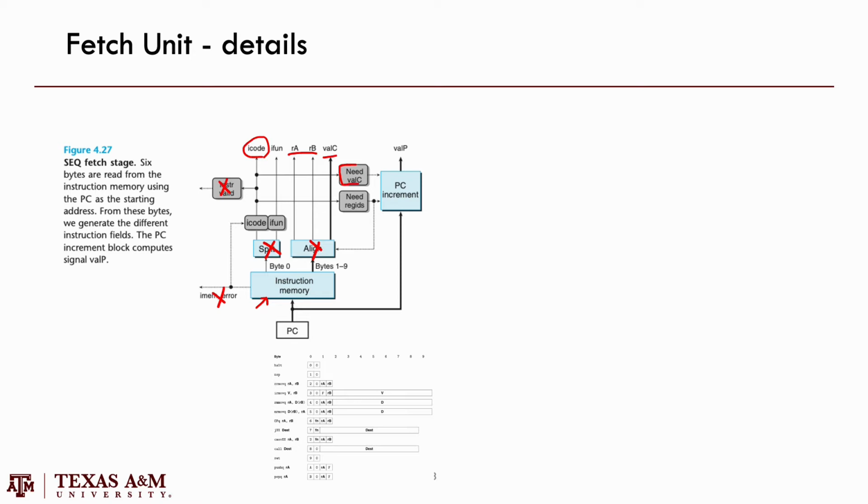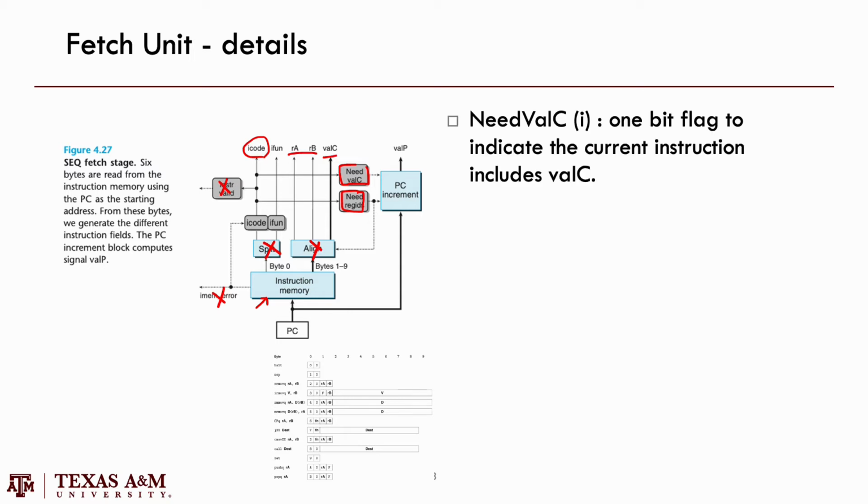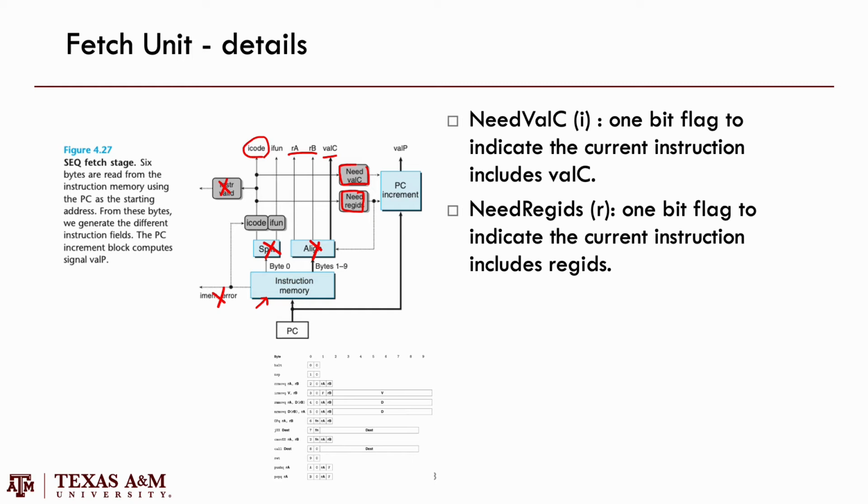These two modules, need valC and need regids, take icode and generate a one-bit flag that indicates whether this instruction includes register values or valC. So need valC is a one-bit flag to indicate the current instruction includes valC. And the next module, need regids, is a one-bit flag to indicate the current instruction includes register IDs.